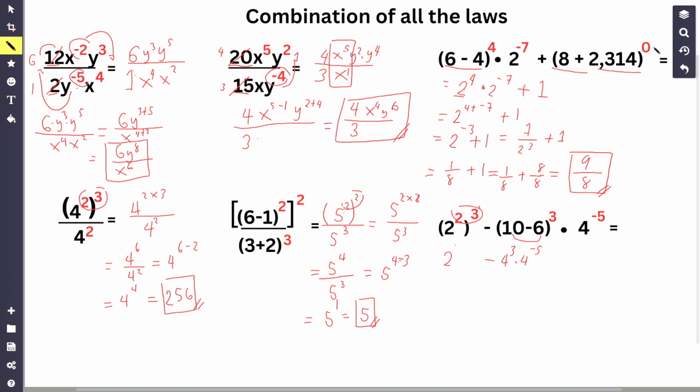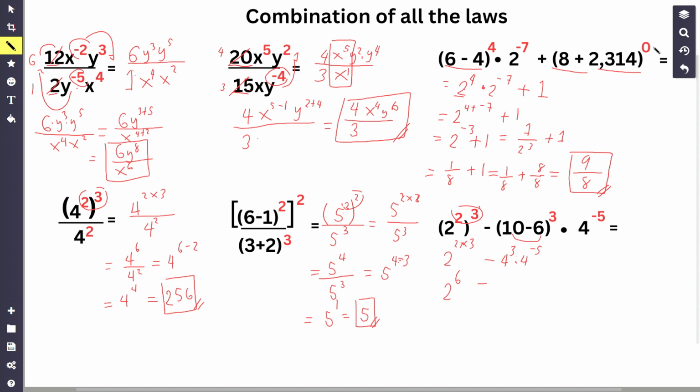So this is going to be 2 raised to 2 times 3, right? Again, power rule. We will multiply exponents. Okay. So we have now 2 raised to 2 times 3 minus 4 raised to 3 times 4 raised to negative 5. Okay. And then this is going to be, what is 2 raised to 6? Sorry, this is going to be 2 raised to 6 and then minus, okay.